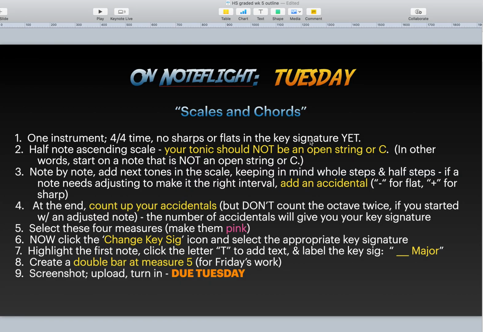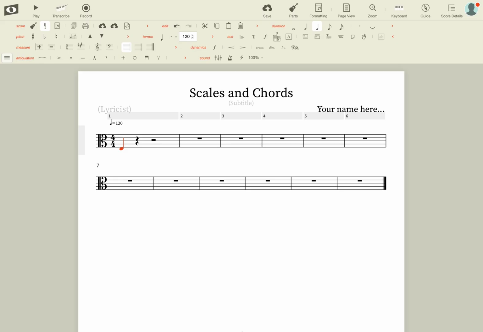I'm looking for half notes. Tonic should not be an open string or a C. So I already chose as my opening note E, but it's not a half note. As you will recall, it is the bracket symbol, that's 2 over from the letter P. Bracket symbol to the right lengthens your note. Now there's E. Now let's go with the next one.